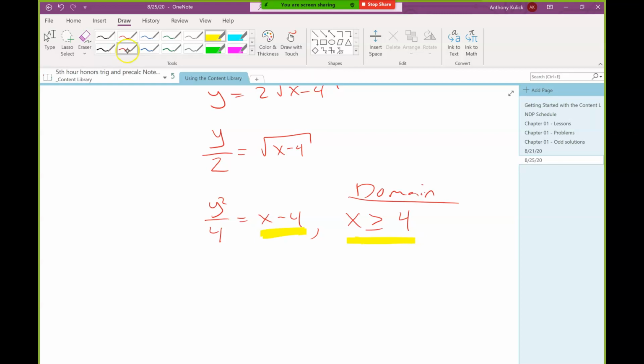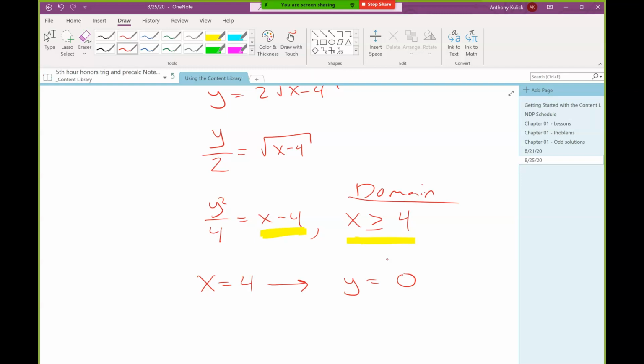When I do that, what value of y do I get? 0, right? So 4 minus 4 is 0, so I have y squared over 4 equals 0. You can multiply both sides by 4, still 0. Square root both sides, still 0.